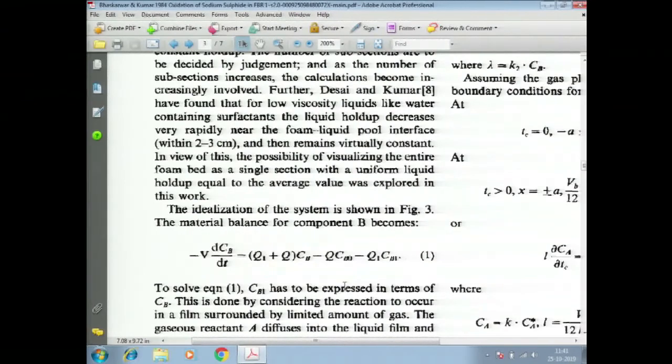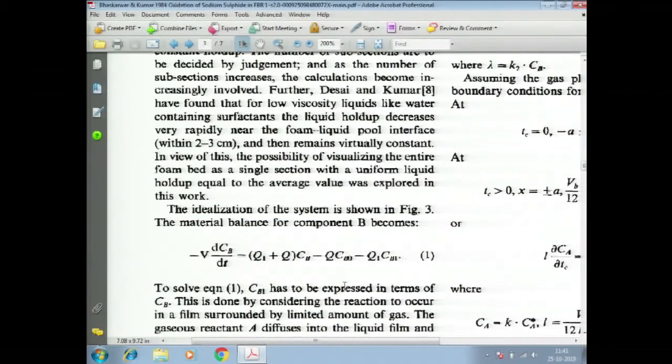The same concentration is going out with this flow rate Q, which is across the storage section. The sodium sulphide solution comes in at Q and goes out at Q, with the same concentration which is inside. And it comes in at this flow rate and this concentration.